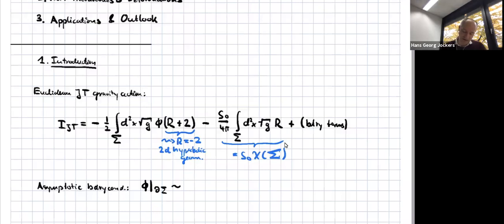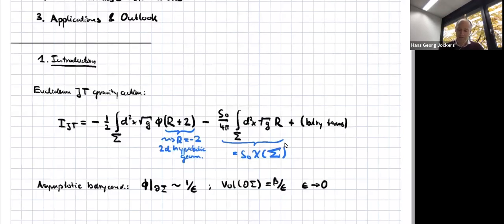I will do that in a regularized fashion, which will become clear in a moment. So we introduce a parameter epsilon in the following fashion, and the length of the boundary actually becomes infinite. This is how we regularize that boundary at infinity. These are the boundary conditions.